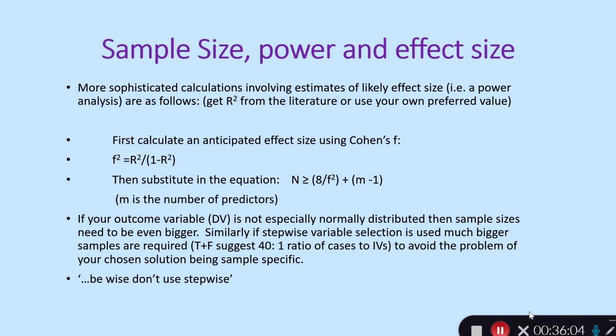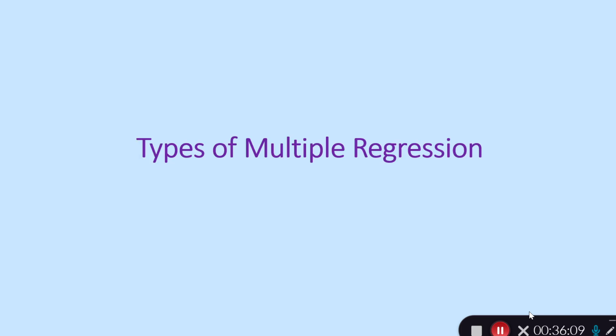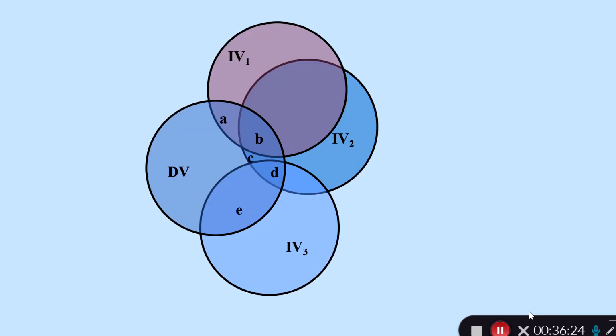So once we have checked and met all those assumptions, then we need to decide how to run a multiple regression analysis. As I said, there are 3 types of multiple regression.